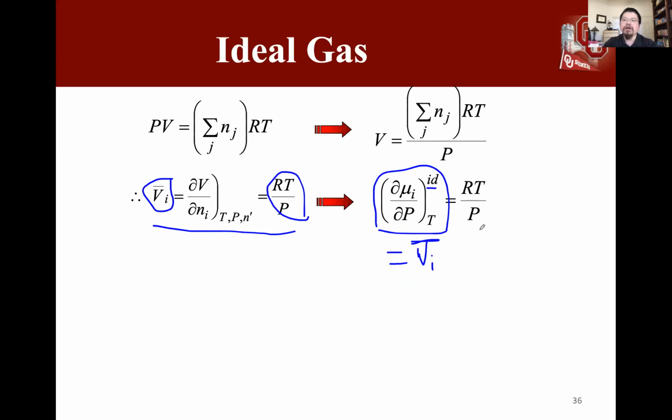It's RT over P. Now you can see that I have d mu i over dP, and on the right-hand side, I have the pressure term.